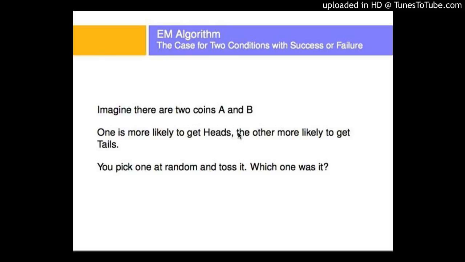Using expectation maximization, you can determine whether the data that you see came from coin A or coin B, and what is the mean probability of success for the first coin and the second coin. And that is basically expectation maximization.